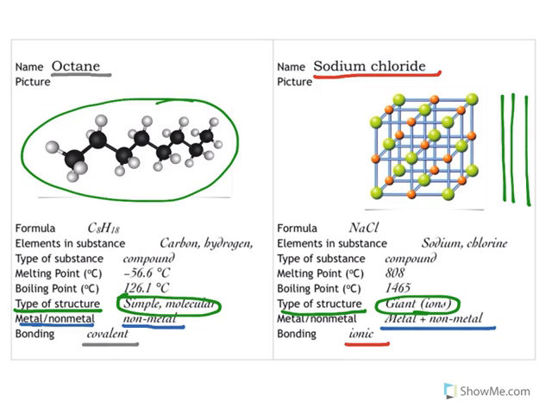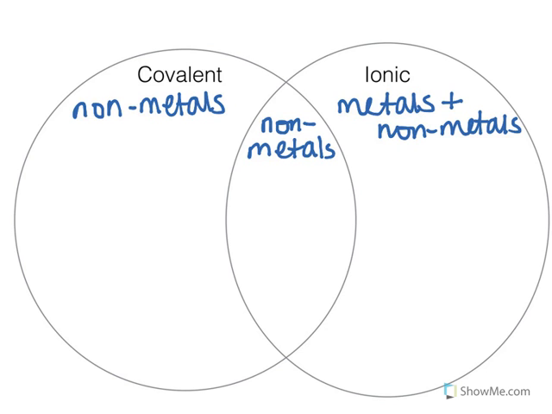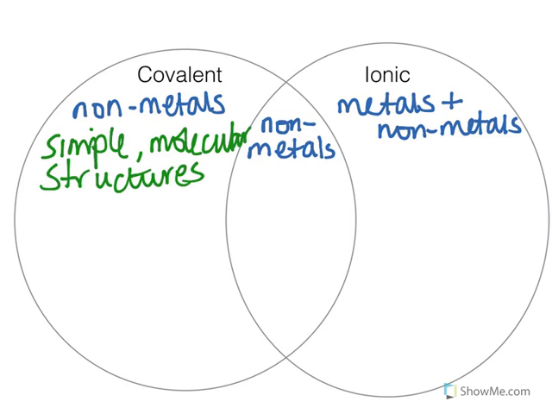That's what the molecule looks like, it doesn't extend anymore. So putting these into a Venn diagram, we see that covalent forms simple molecular structures, whereas ionic substances form a giant structure of ions.